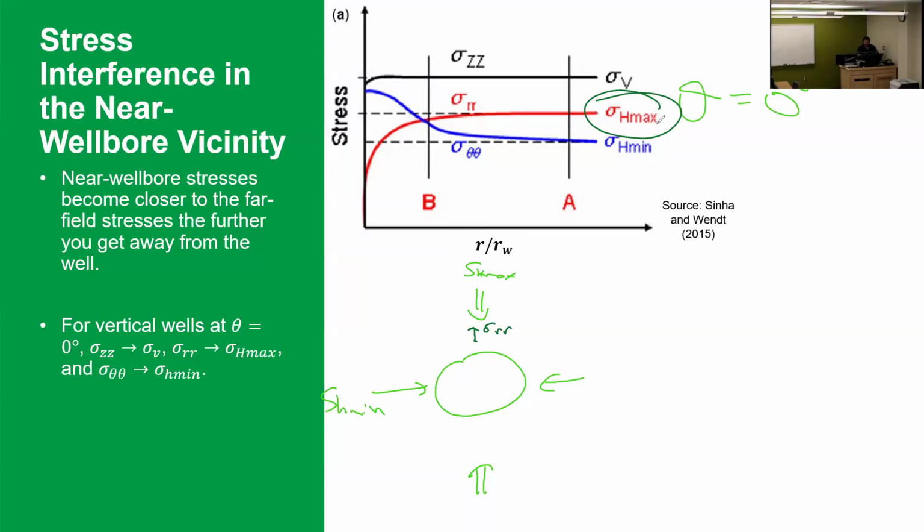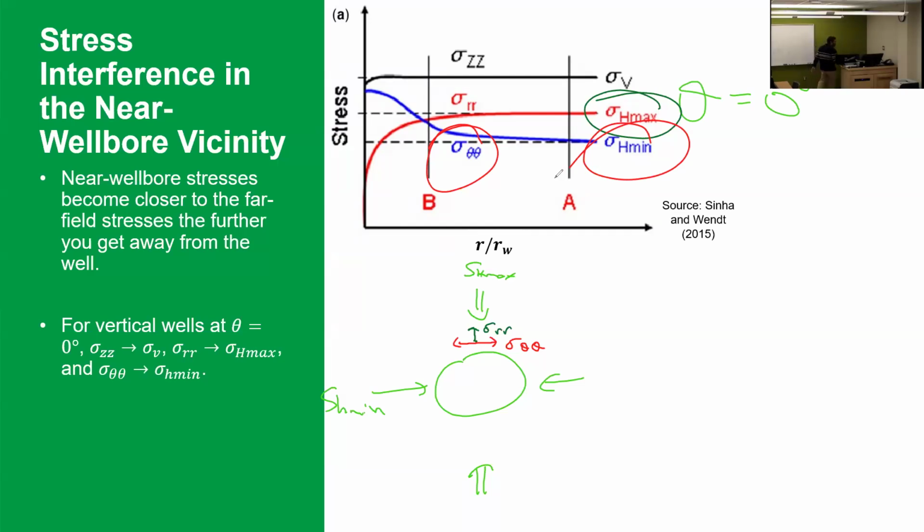Now I know whoever made those plots didn't use my color scheme. They use red for radial stress, but it becomes equal to sigma H max far away from the wellbore. And remember that tangential stress is in this direction, parallel to SH mean. So if I go away from the wellbore, sigma theta theta becomes equal to sigma H mean, right?